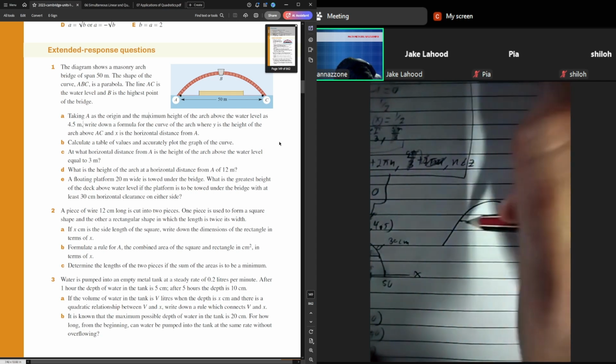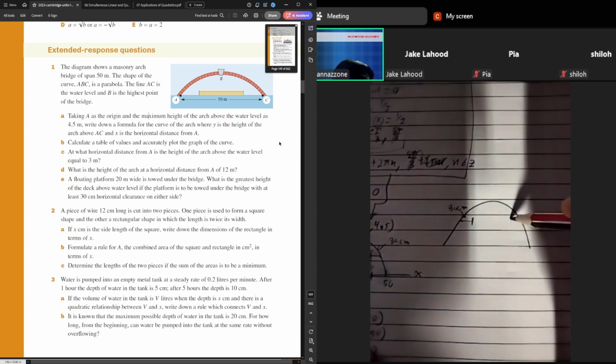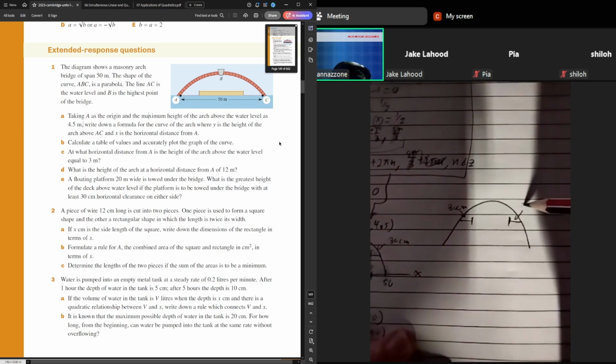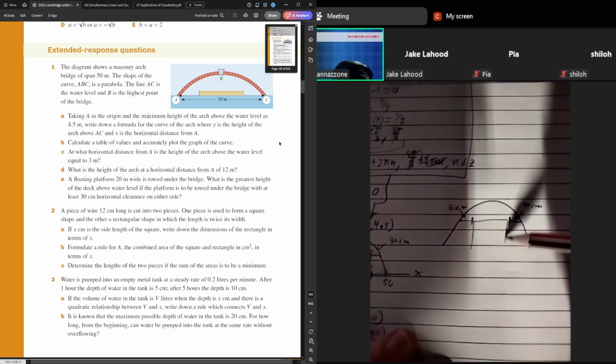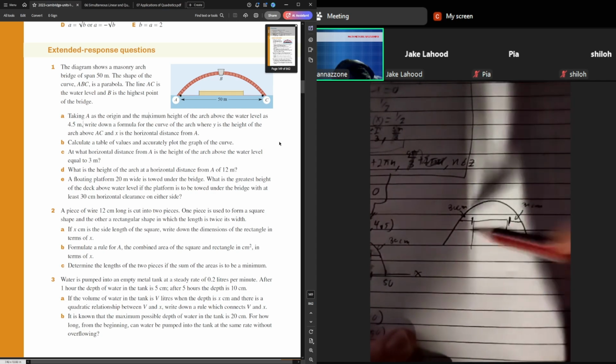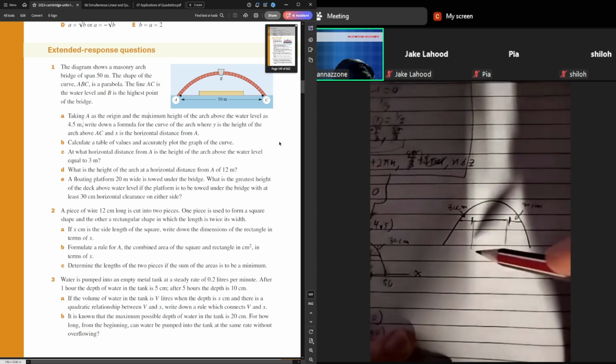We're saying this distance here is 30 centimeters. This is also 30 centimeters. And we have some box like that that is level with that.